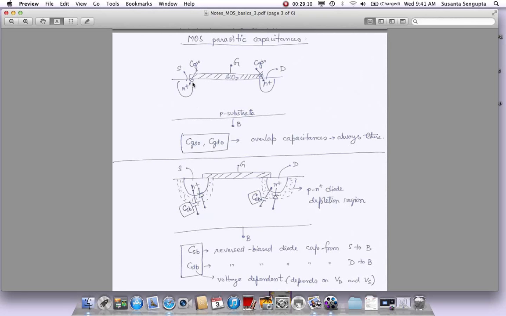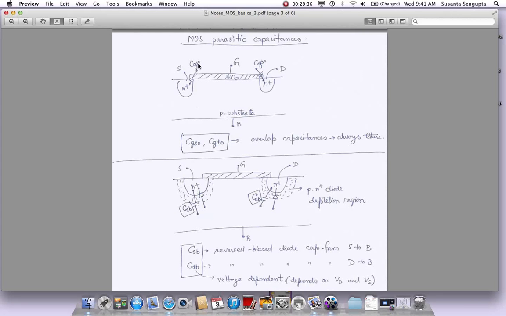And this is just natural. This is just something you cannot avoid. You can't just bombard it at a certain boundary and think that they are always going to be confined to the boundary. No, some of them will always spill out in both directions, and they give rise to some capacitance. So from gate to source, there is always some overlap capacitance because of the spilling, and that is called CGSO.